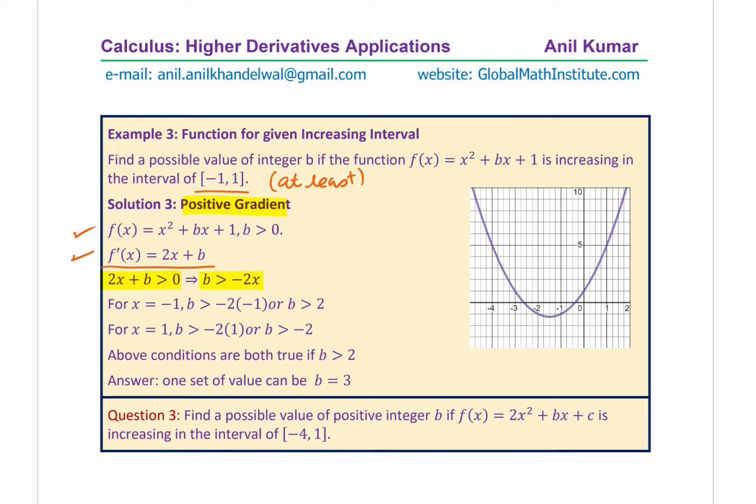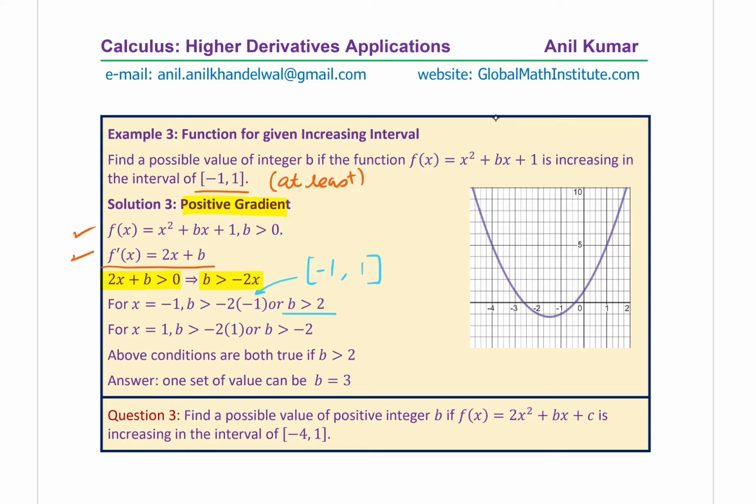That gives you b greater than -2x. Perfect. Now, we are also given that this gradient should be positive from -1 to 1. So if I substitute the value of x as -1, I get a condition for b, which is b is greater than 2.